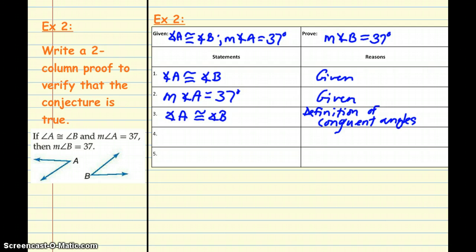Then, because we know that angle A is 37 degrees, this is just substitution. And then I'm just going to flip it around and say, so then the measure of angle B is equal to 37 degrees. And from here, this is just the symmetric property.